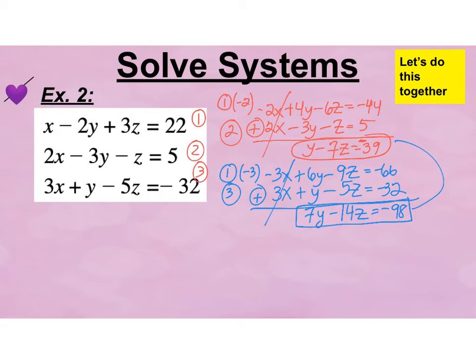So now we're going to do elimination a 3rd time with these 2 new equations. And I'm going to multiply my first one by -2. Multiply by -2 here. So I'm going to come and multiply through. That is not correct. Multiply by -2.